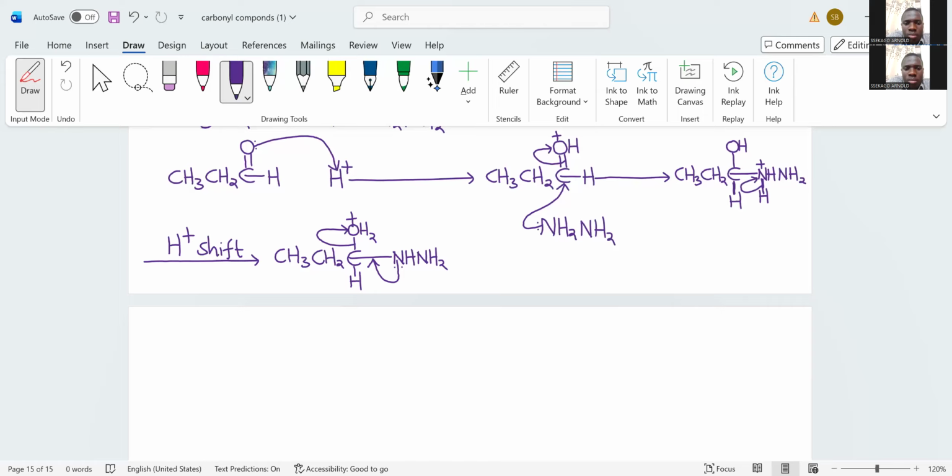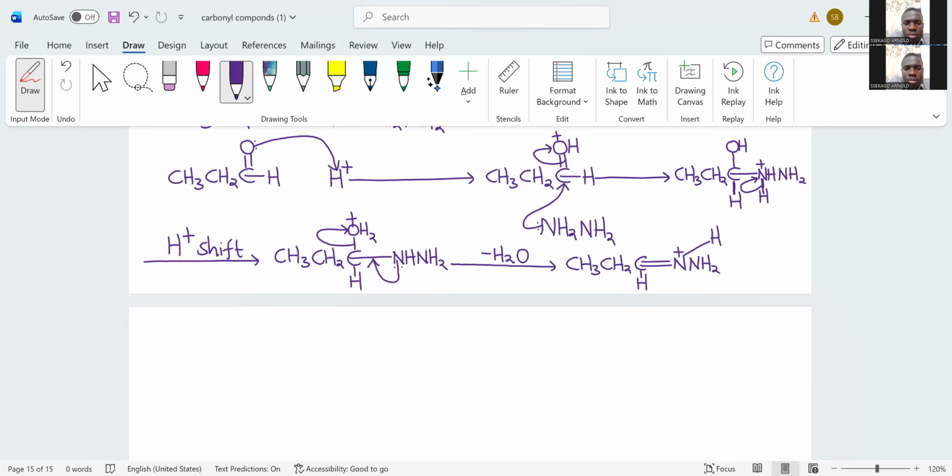I have lost a water molecule, minus H2O, as I form CH3, CH2, CH, double bond with the nitrogen, which has a plus because it has donated, NH2, that nitrogen also carries a hydrogen, like that.